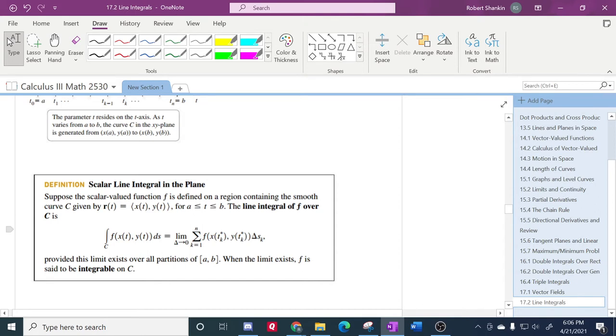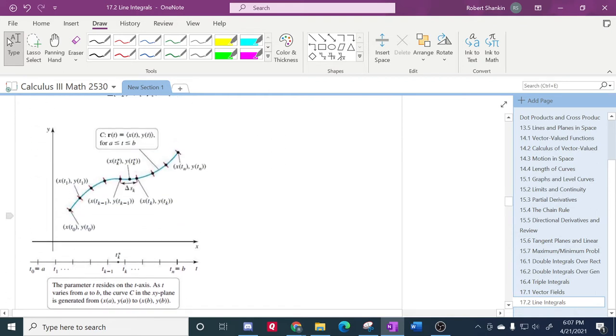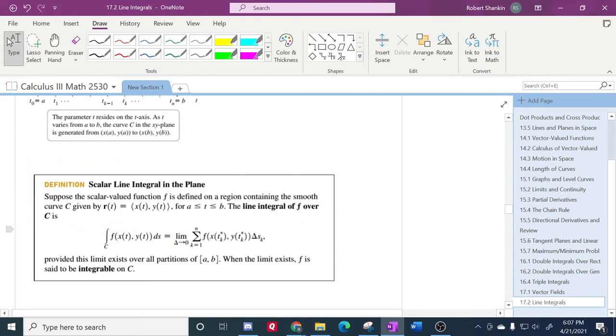The line integral of f over the curve C, remember C is in the domain, just in the xy plane, is written like this, and its value is the limit as, now the delta is the maximum length of a subregion. So the largest length of any subregion is going to 0.